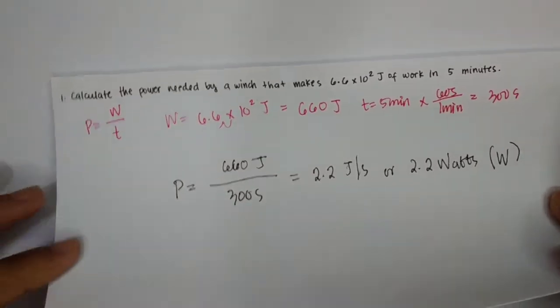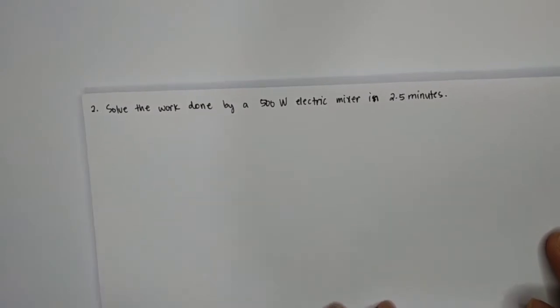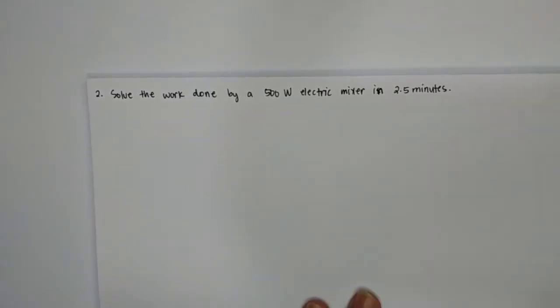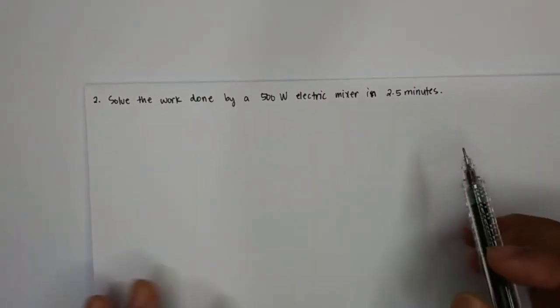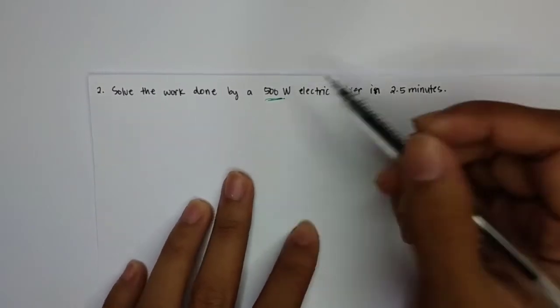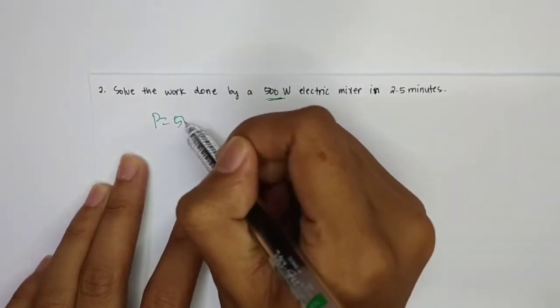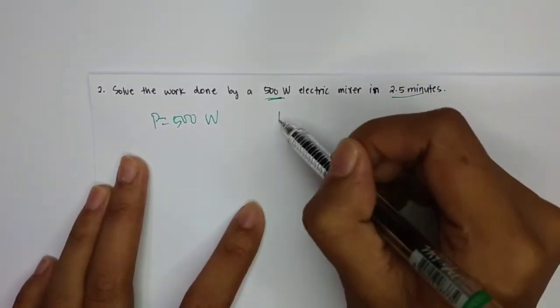Solve the work done by a 500 watt electric mixer in 2.5 minutes. Our given power is 500 watts. Then our time is 2.5 minutes.